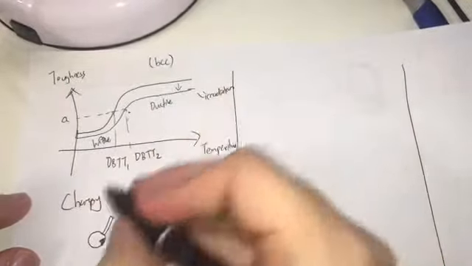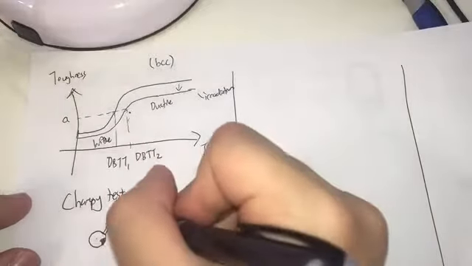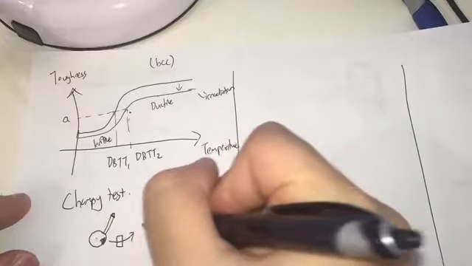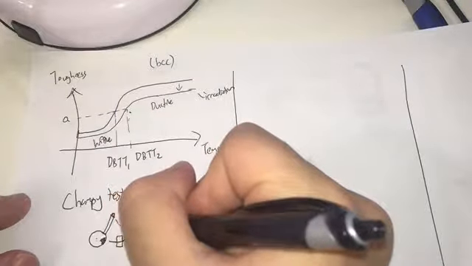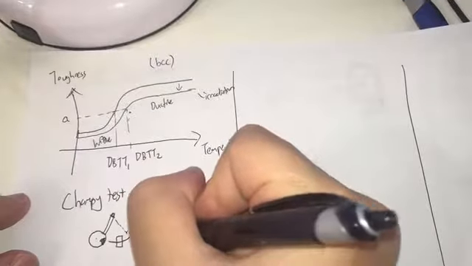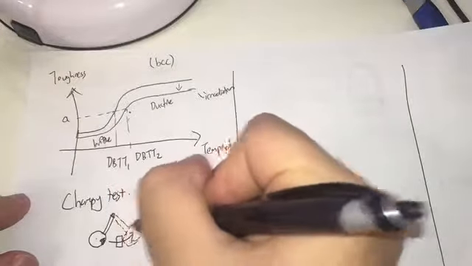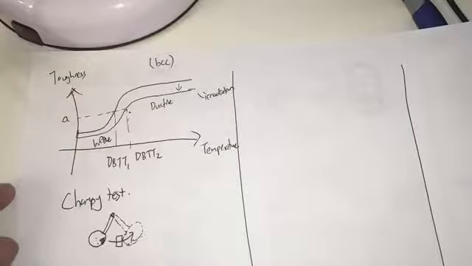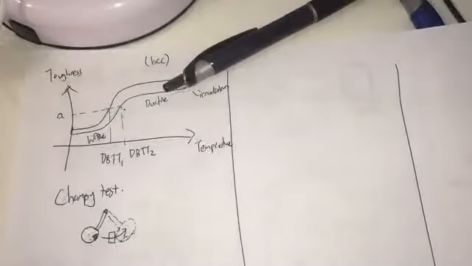You let go of the pendulum from a fixed height, and then you see how high it goes. Depending on the height of the pendulum, you can infer the energy that it took to break the sample. So that's the Charpy test for you.